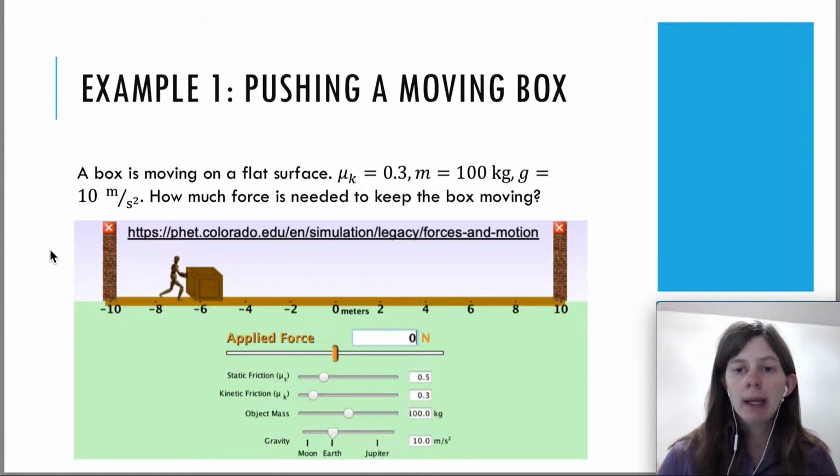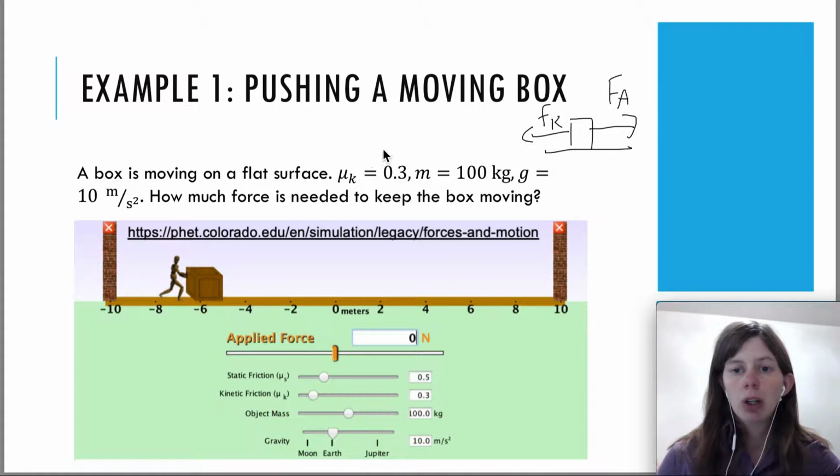We know that the box can move at a constant velocity if this applied force balances the friction force. If they're equal, it can still move. So really, what we just need to do is find that friction force. Using the definition, mu k times N, and in this case, the normal force balances the weight.